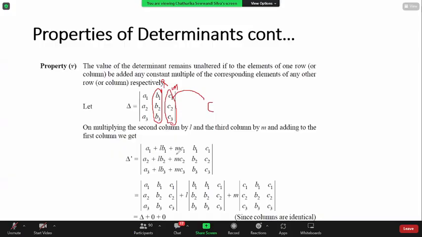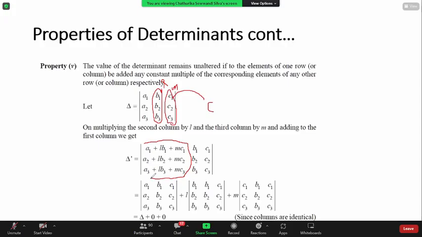Then what we have done is, L times the second column plus M times the third column is added to the first column. The answer obtained by multiplying is added to the first column. So now you can see this is the complete first column now.